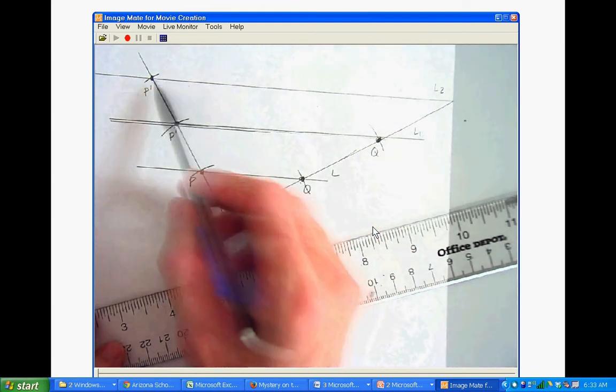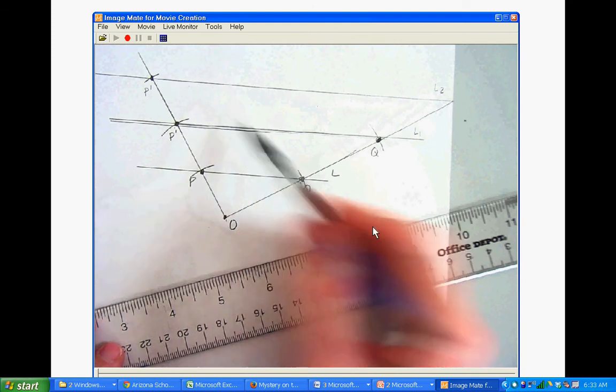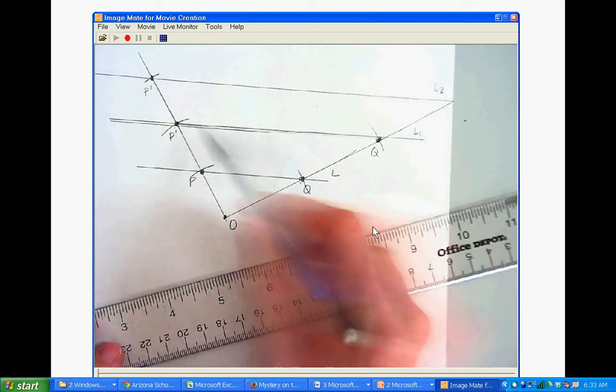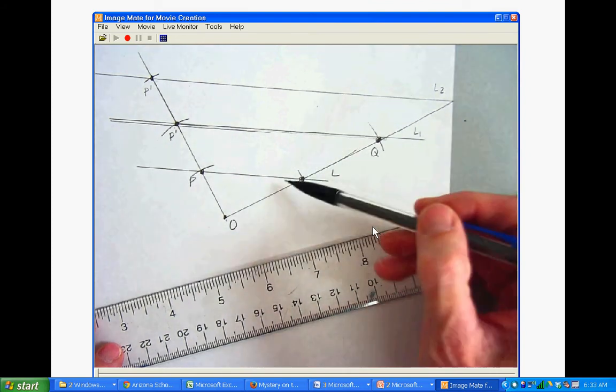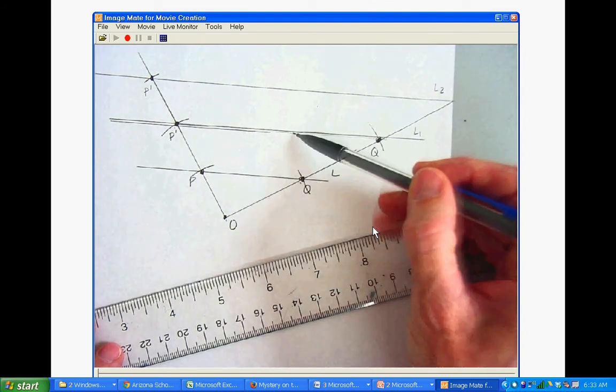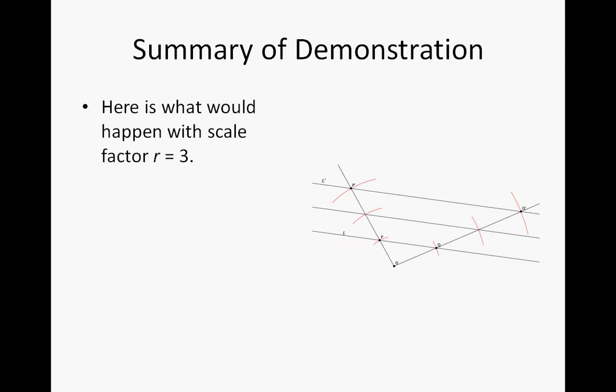And the distance between P prime and Q prime is going to be proportional to this size and this size, but they are all lines. If I take this line and map it up, it's still going to cover each other. All right. So the summary of this demonstration, this is what it would look like if you had a scale factor of 3.